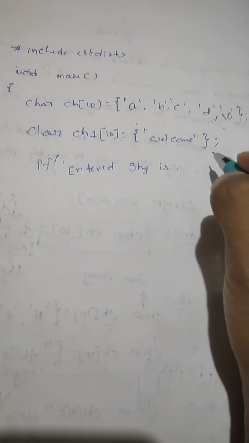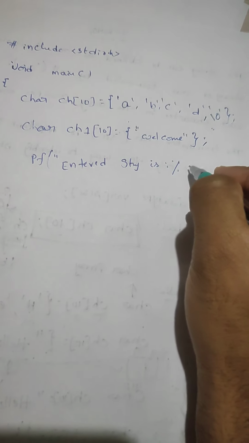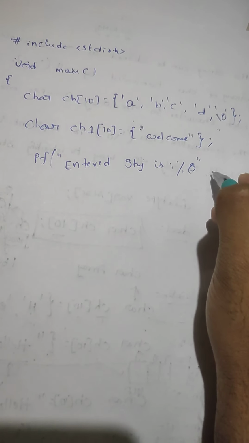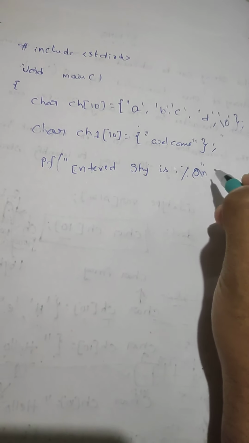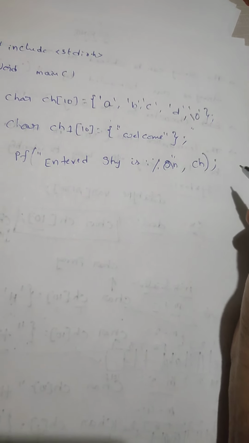If you want to display individual characters, we need to use the format specifier %c, and if you want to display more than one character, that means a string, we need to use the format specifier %s, then the \n and a comma, and the first character array variable name, that is ch.